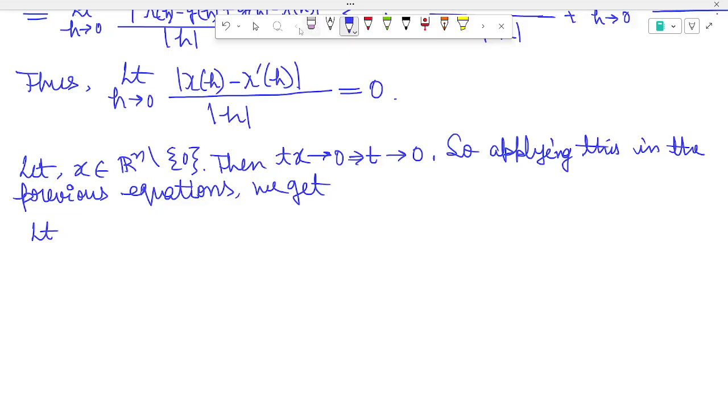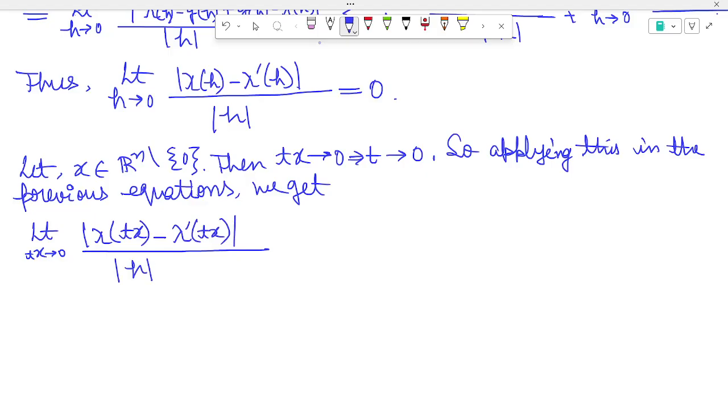So we apply this on t x. Now I can replace h by t x because it holds for all types of h. That means this is the limit as t x tends to 0, replacing everywhere with t x: lambda t x, lambda dash t x. I can do this.